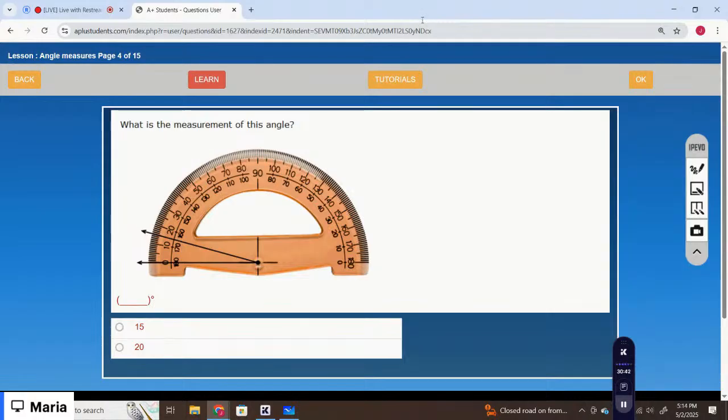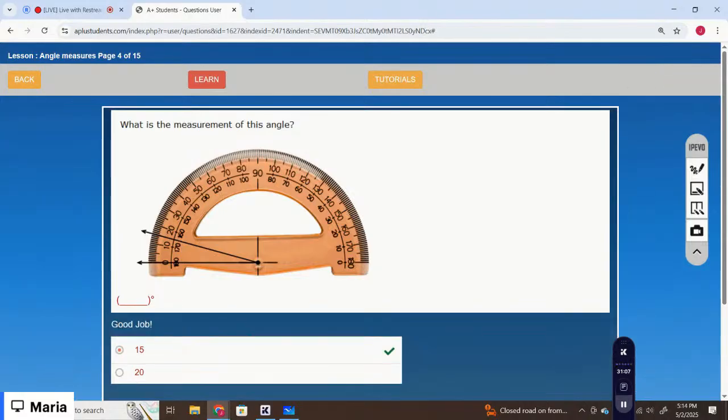What is the measurement of this angle? That is 15 degrees. Option number one is the correct option.